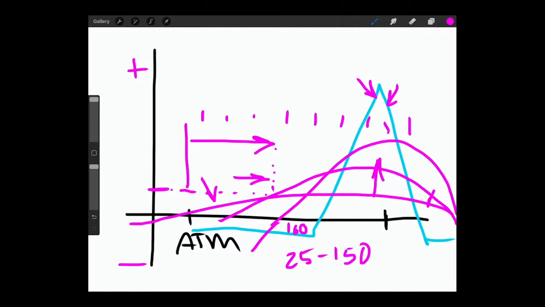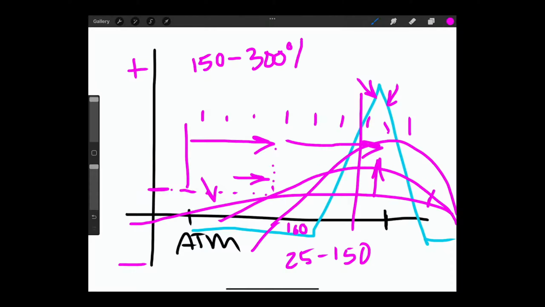Now, if price keeps on moving and then happens to get inside of our fly, now here's where we can make a lot of money. If we're in the first third of that fly, we make anywhere from 150% to 300% on our fly. That happens about 20% of our wins, I should say.